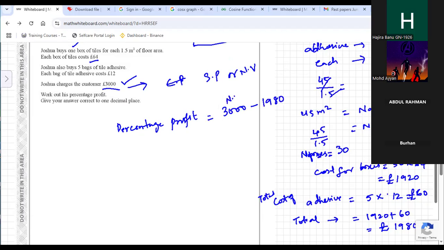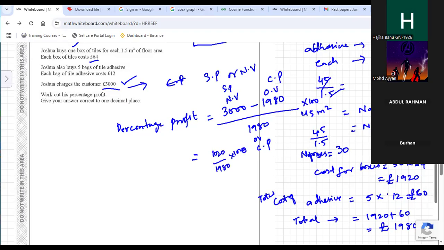So I can mark it as new value minus old value, or selling price minus cost price, divided by cost price, the old value, into 100. So this will be 3,000 minus 1,980, which is 1,020. You can type the same thing in your calculator and find out the percentage.